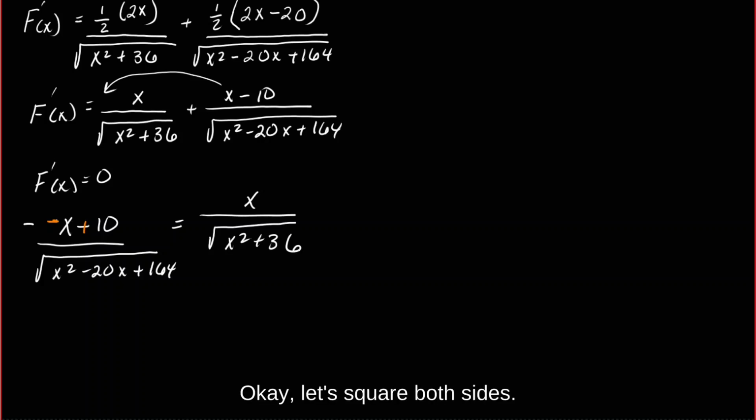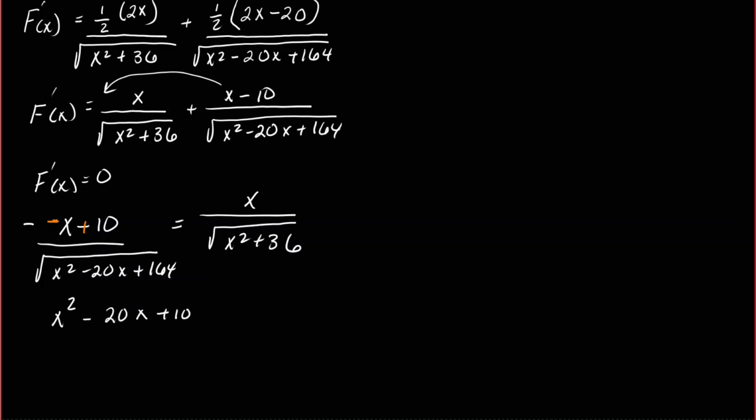Let's square both sides. If I square both sides, negative x plus 10 squared would be x squared minus 20x plus 100. I lose the radical here.